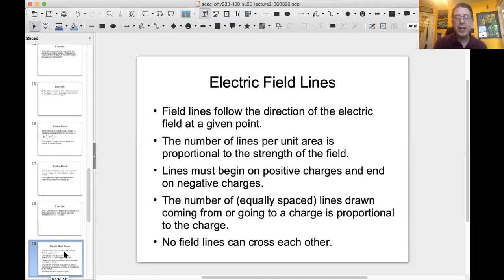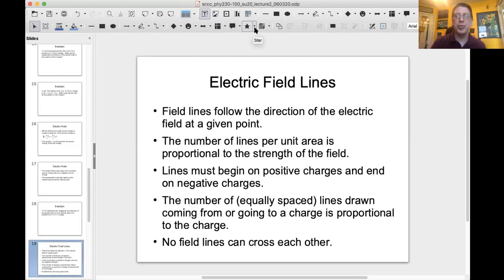The number of lines per unit area is proportional to the strength of the field. Lines begin on positive charges and end on negative charges. The number of equally spaced lines drawn coming from or going to a charge is proportional to the charge. No field lines can cross each other.